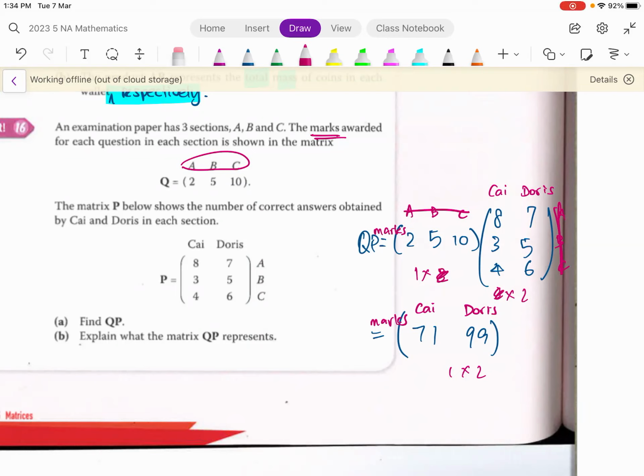Marks of Thai and Doris, respectively, but there's one missing keyword. Total. Yeah, okay.